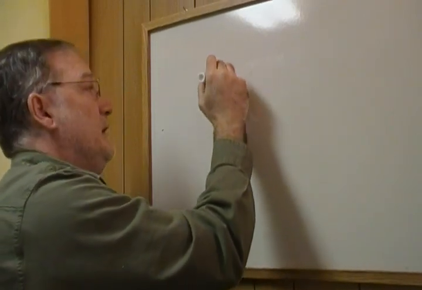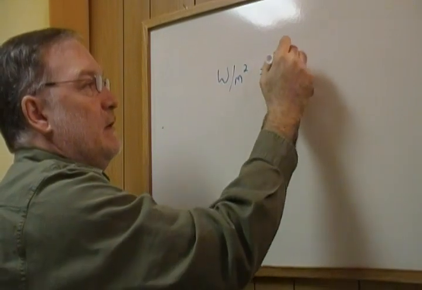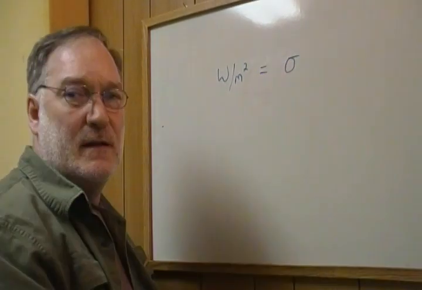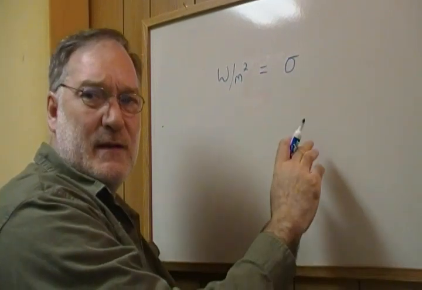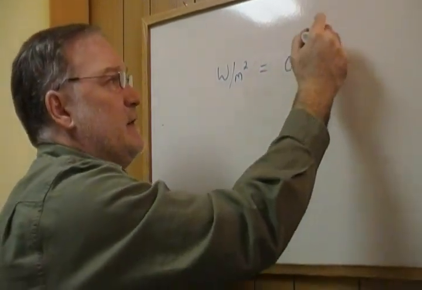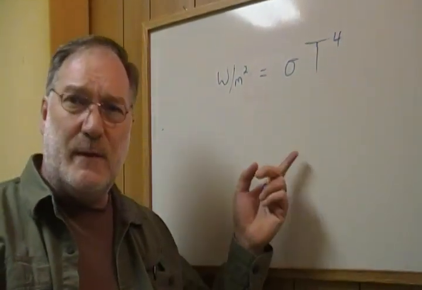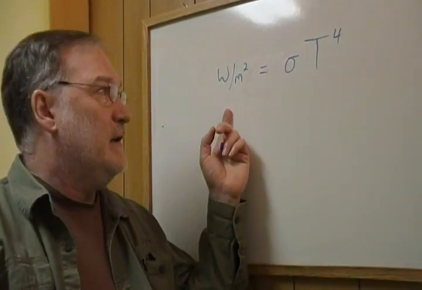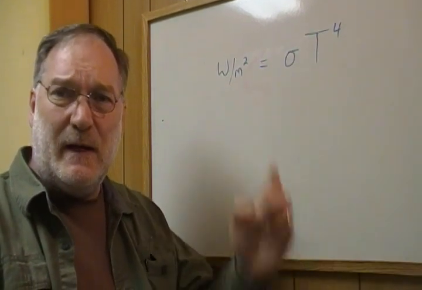Radiation is measured in watts per square meter, and it's equal to the Stefan-Boltzmann constant, which is 5.67 times 10 to the minus 8, times temperature in Kelvin to the fourth power. So you can see from this equation that radiation is a fourth power of temperature, also multiplied by a constant.